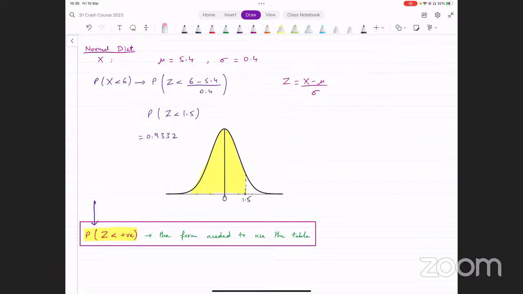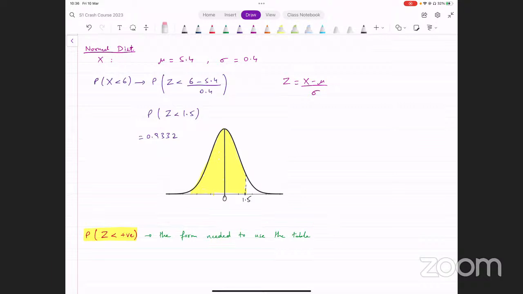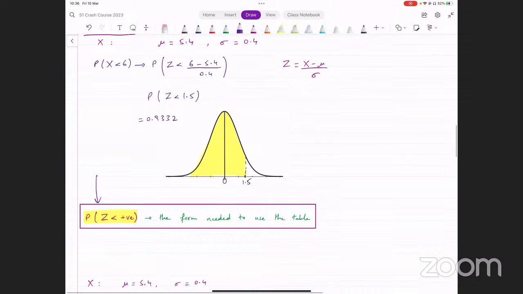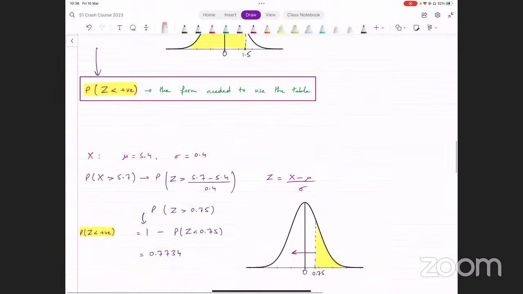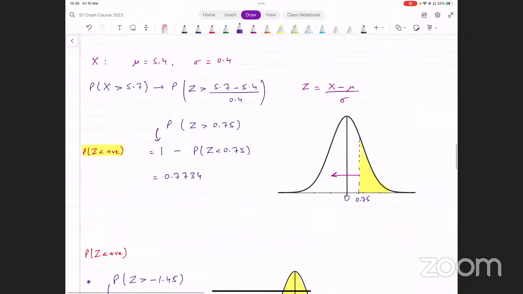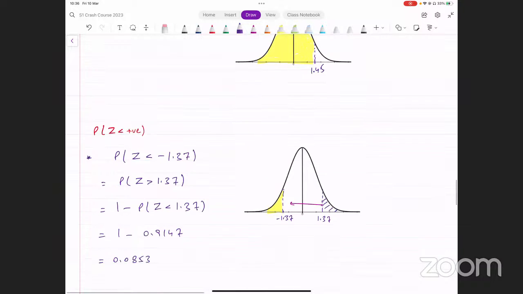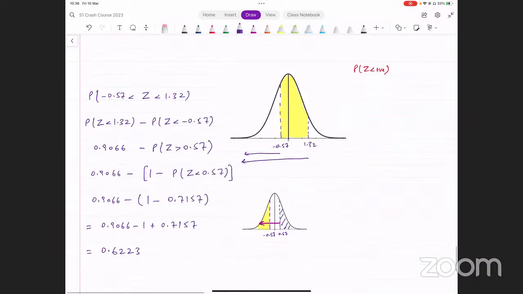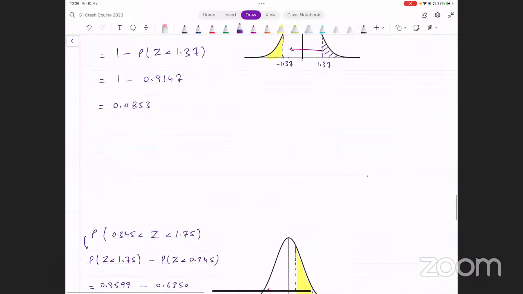However, for the table, we need to have a form that looks like this first of all. Probability of z less than a positive number. Once we have converted our probability to this form, we use the table and find the probability. If we don't have this form, we have to convert it to this form. We discussed a number of different cases that we would have to deal with, and how you find probabilities in each of those different cases.